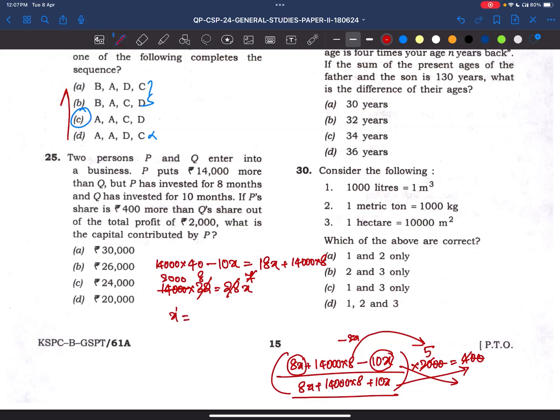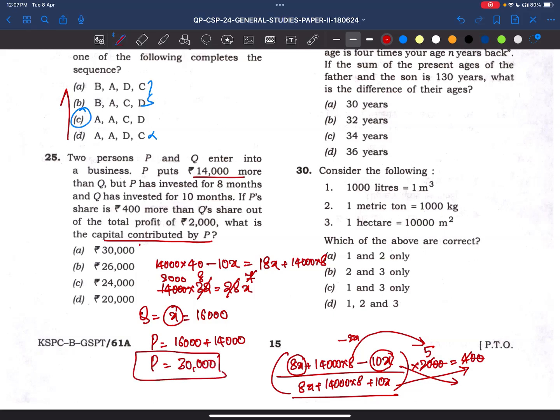So x will be 16,000, the contribution of Q. What is asked in the question? The capital contributed by P. P contributed 14,000 rupees more than Q, that means 16,000 plus 14,000, it is 32. Right? The answer is A.